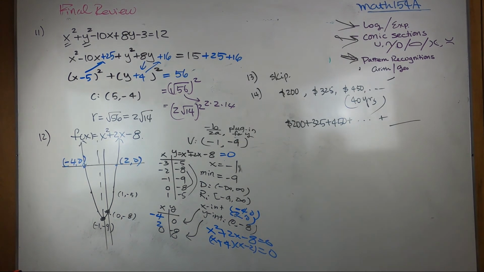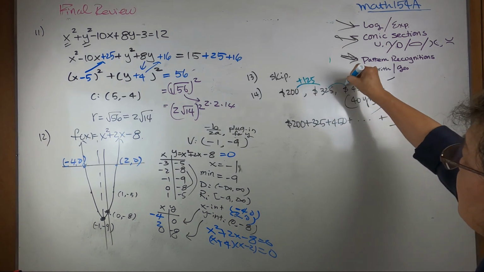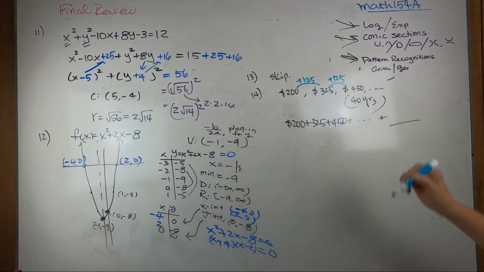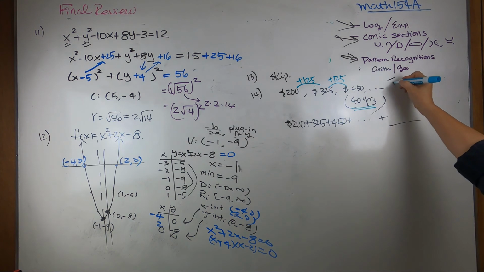For after 40 years. So we have to decide, do we have an arithmetic or geometric sequence? It looks like plus 125, plus 125. It's an arithmetic sequence, right? So for 40 years, we have what?